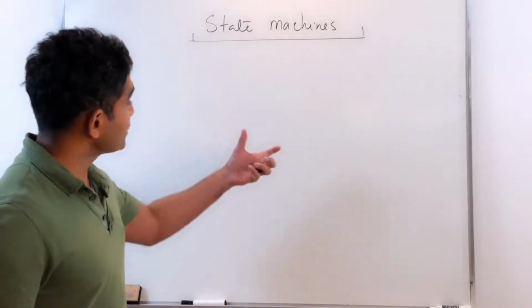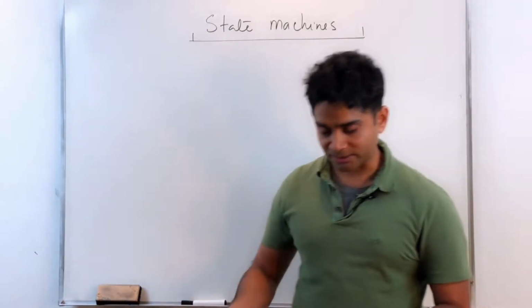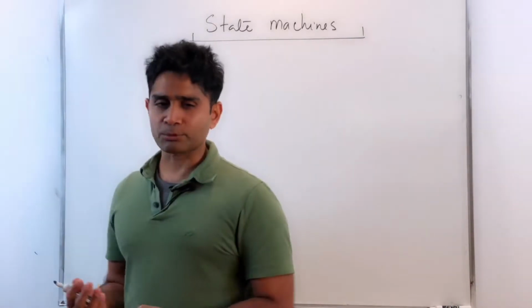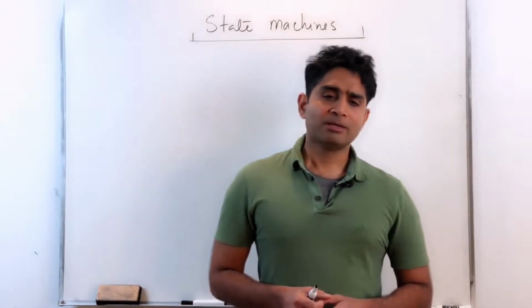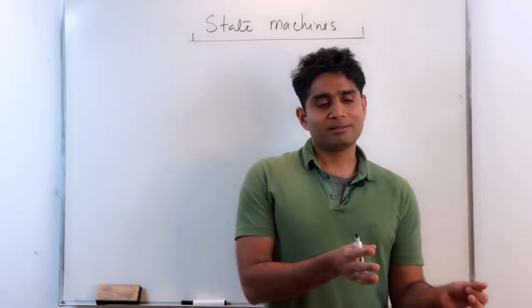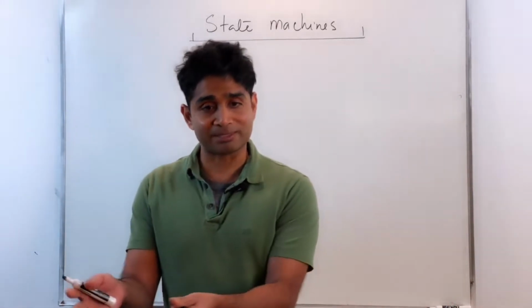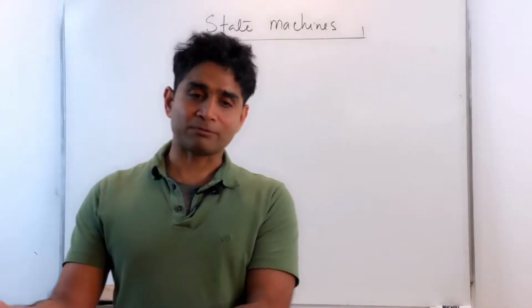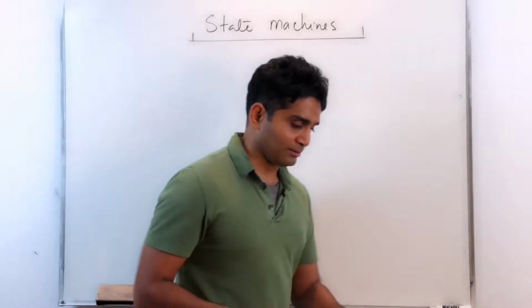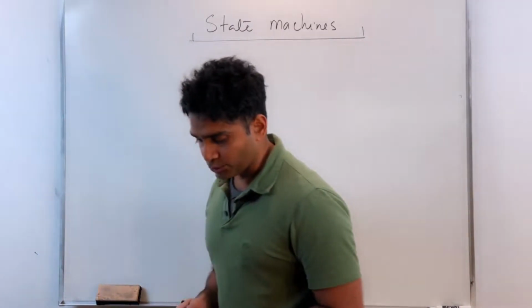Now, the state machine approach, when we design these sequential circuits, is more direct, I would say. It's like the difference between simplifying functions using the Boolean algebra method versus the K-map method, which is more direct, more compact, and faster, right? So let's look at the state machine approach.